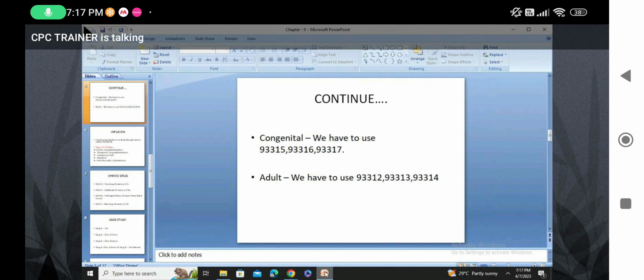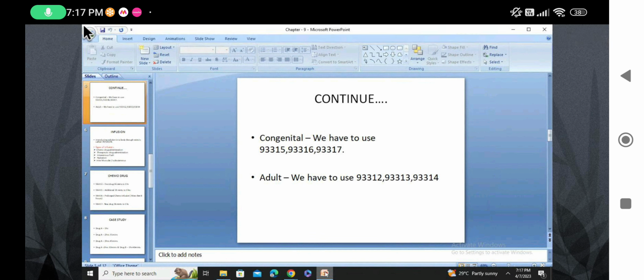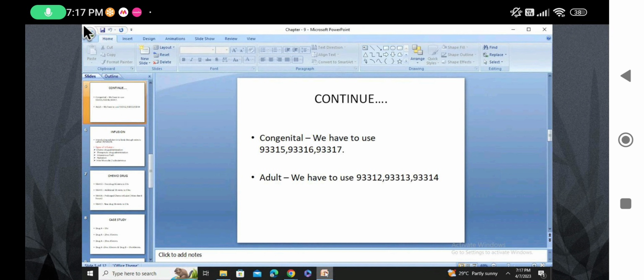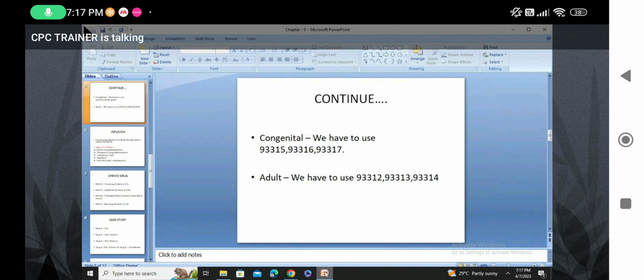So in adult, I will tell you one by one, guys. Please note down. The first code is 93313. The description is TEE with probe placement.